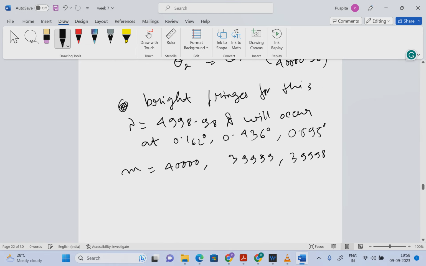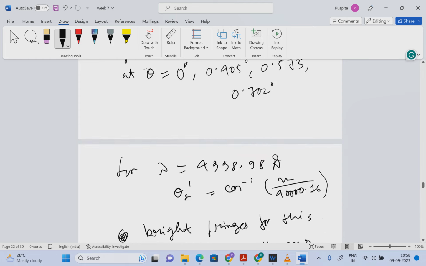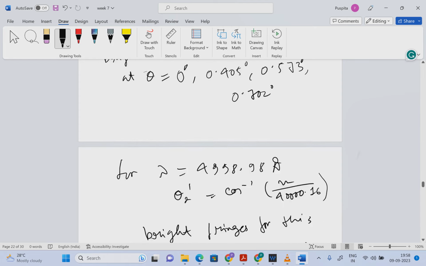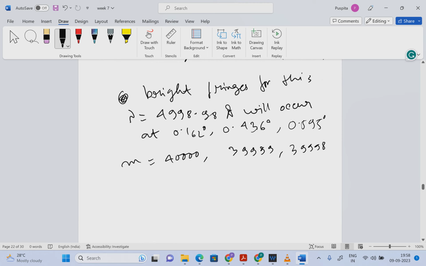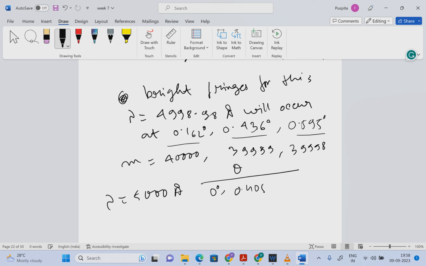Here also, as we have put for 40,000 there, you can see that the bright fringes will occur at different angles. For lambda equal to 5,000 angstrom, thetas are 0 degree, 0.405 degree, 0.573 degree, 0.702 degree, and so on.